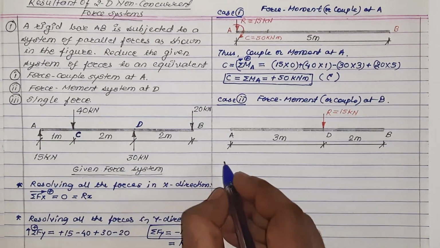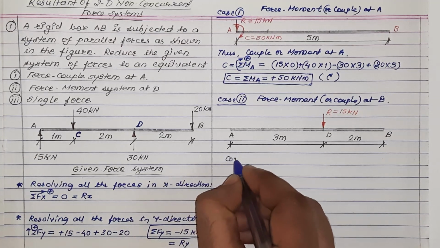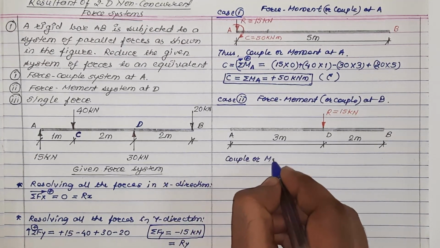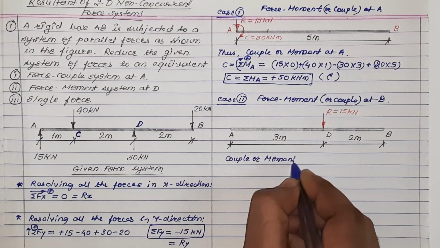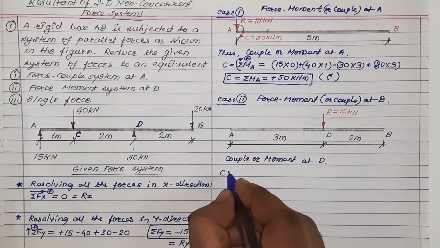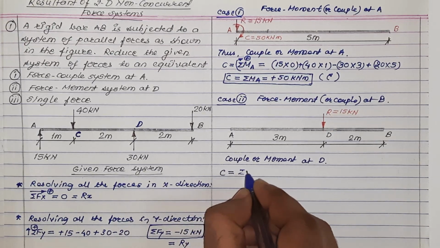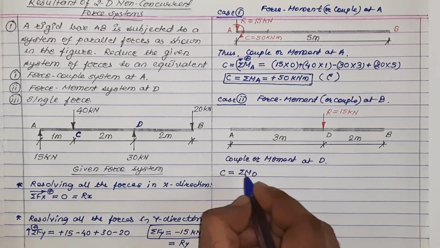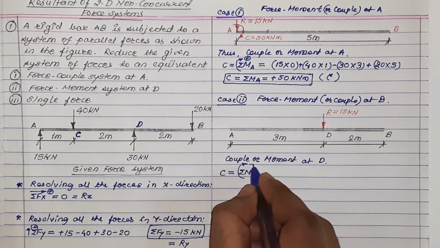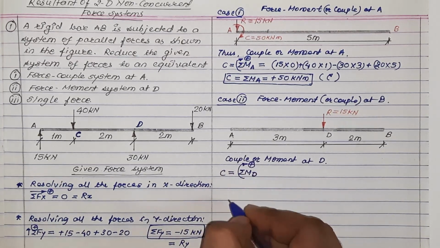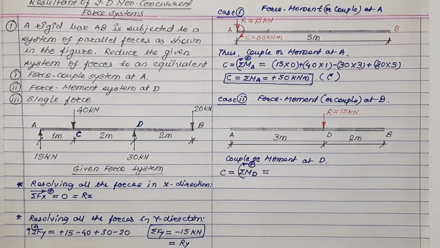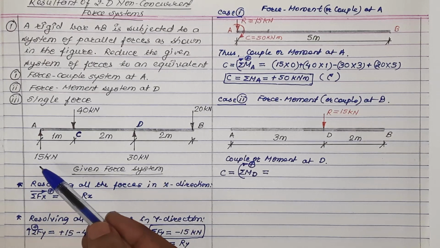Let us calculate it. Couple or moment at D. So C is equal to summation of moment of all the forces about point D. That means D is moment center and clockwise moment will be taken positive, which is equal to, start with first force 15 kilonewton.